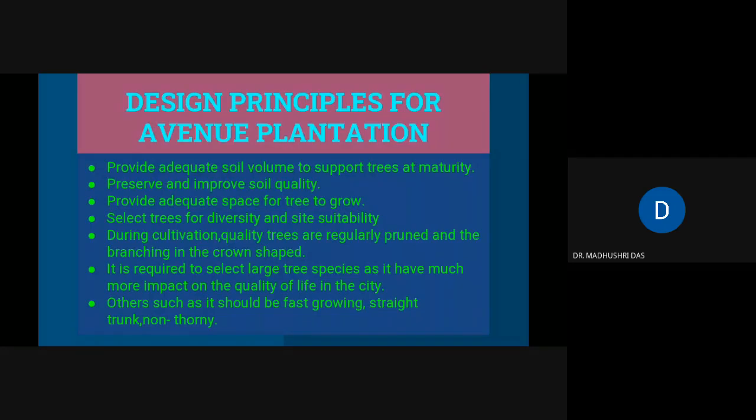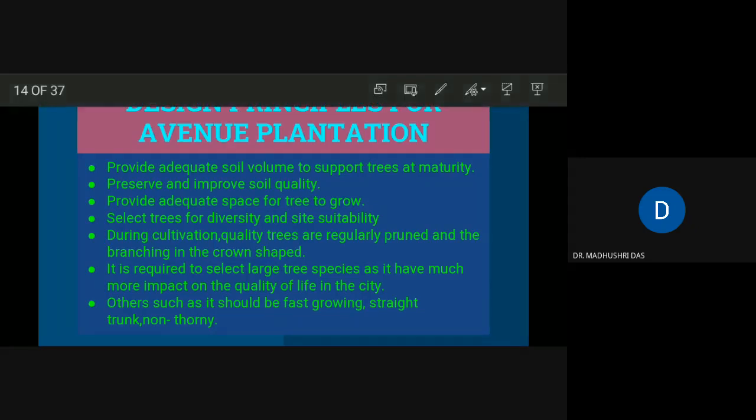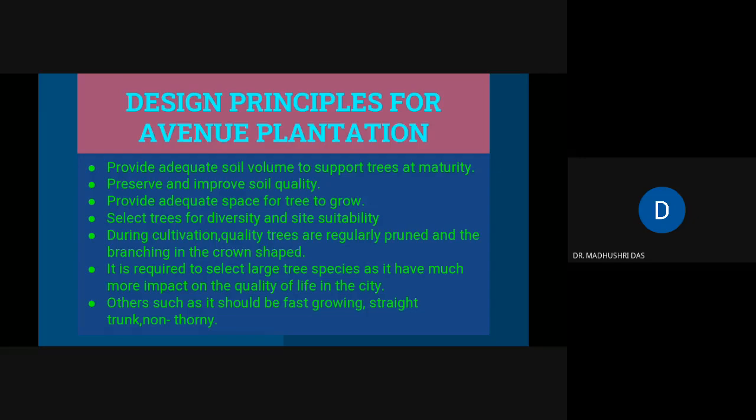Long lifespan trees should be selected as avenue trees so they could bring some impact in industrial areas. Another rule is that the tree selected for avenue plantation should be fast growing, have a straight trunk, and be non-thorny.